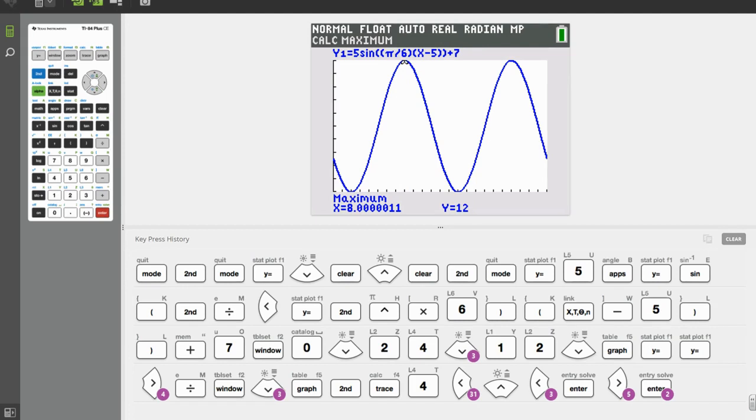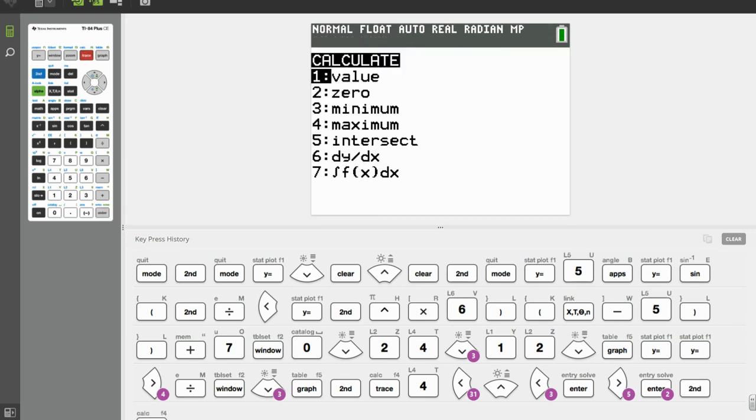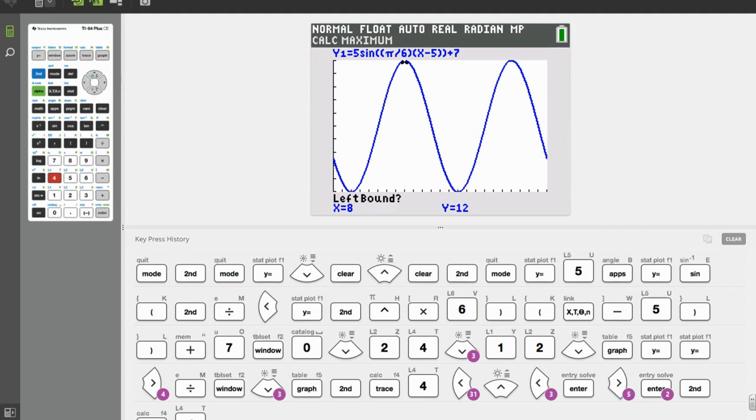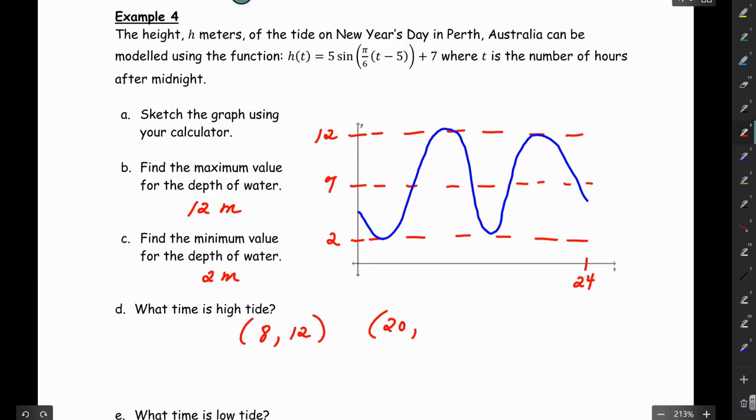We get a value of 8.12, and then we'll check the other maximum, second trace, number 4. Again, we just want to be a little to the left of the maximum, hit enter. Move a little to the right, hit enter, and then guess, hit enter. And the other value we get is 20.12.